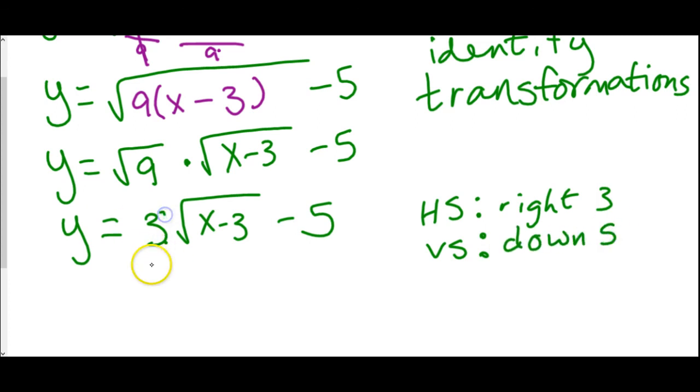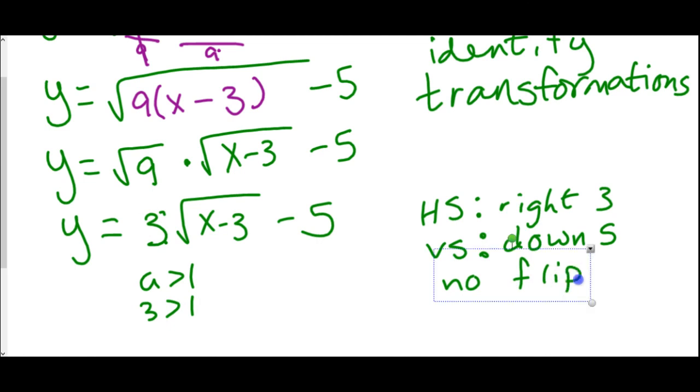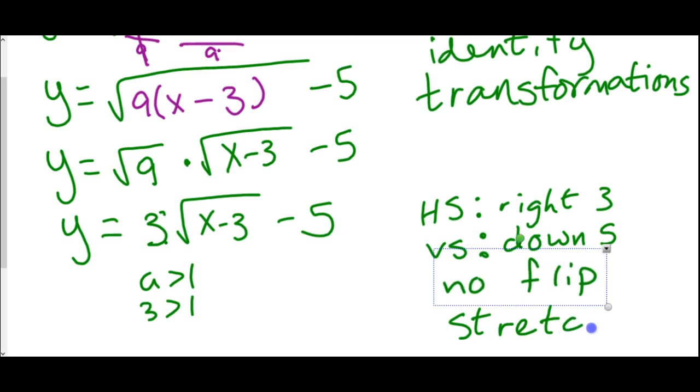And that 3 out front is bigger than 1. It is positive, so there is no flip. It's bigger than 1, so we have a stretch. Sometimes they'll ask you to actually draw the graph, and sometimes they'll just ask you to list the transformations. So that concludes our discussion on graphing radical functions.